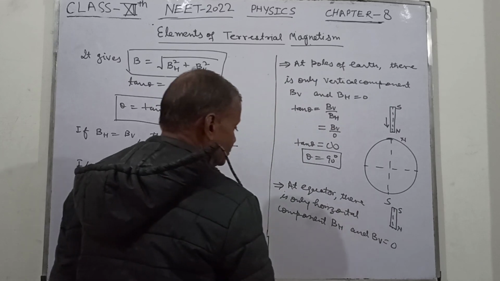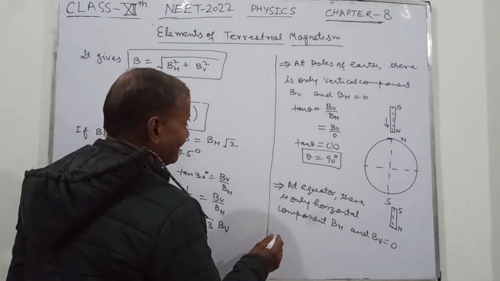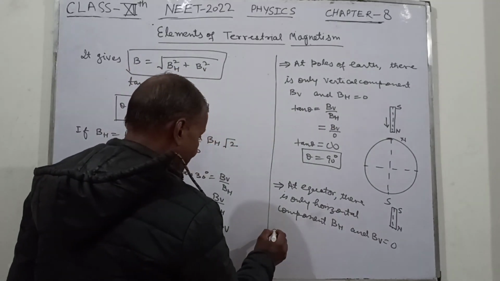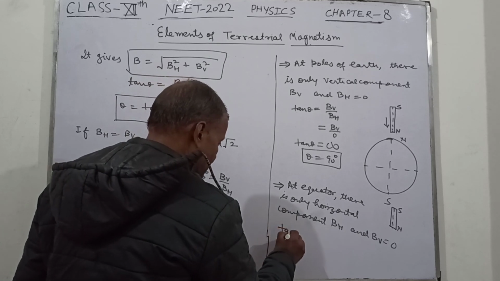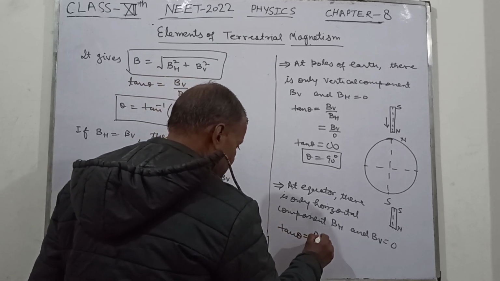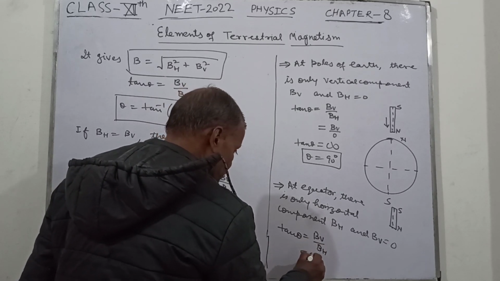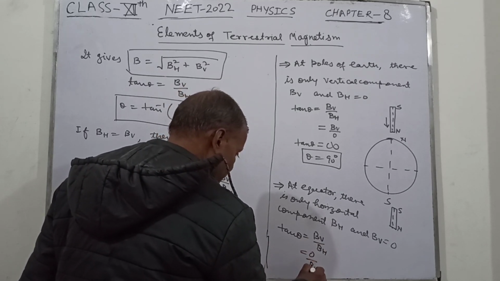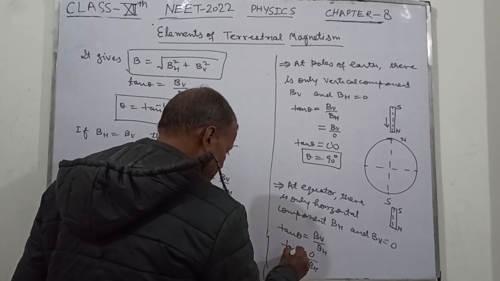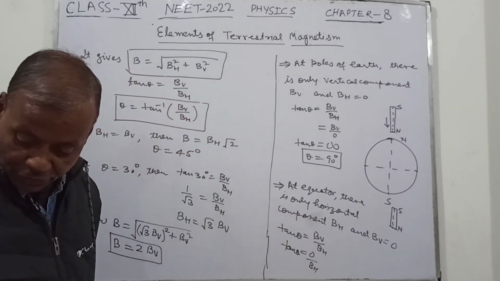So tan theta is equal to BV upon BH, so BV equal to 0 gives tan theta equal to 0.